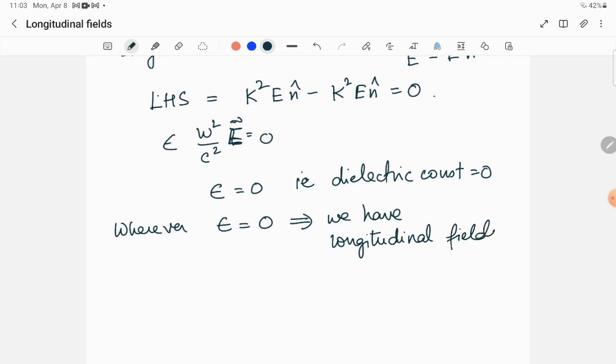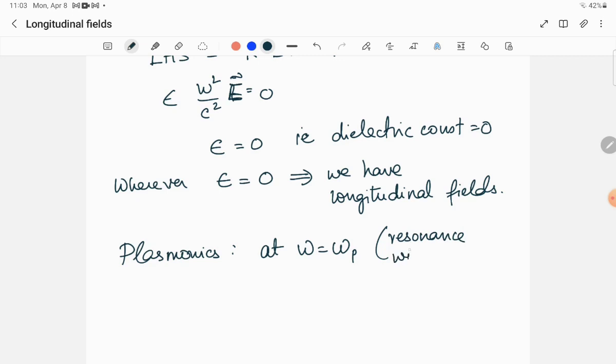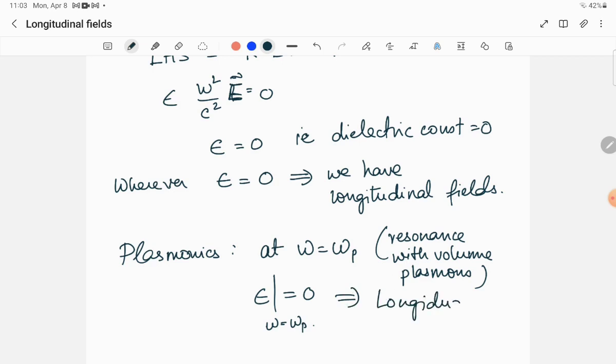Okay, and what we will find in case of our plasmonics is that at omega equal to omega p, that is resonance with volume plasmons, we have epsilon goes to 0 for omega equal to omega p, and that will tell me that at resonance you have longitudinal fields.